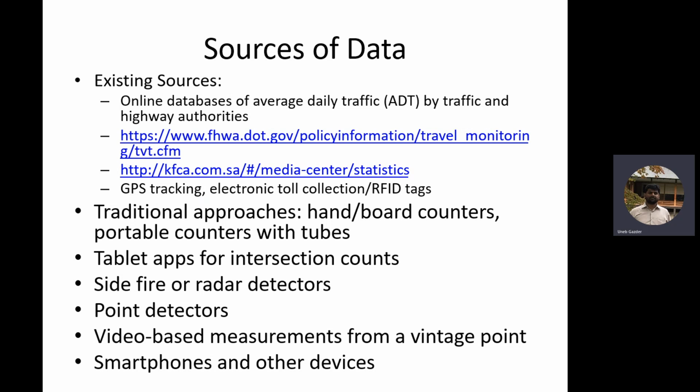And then we have smartphones and other devices. These smartphones can be used for measurement, right? Again, we use them. But these smartphones are themselves data generators. There is data stored in them. In 2018, I think we did a senior design project in which we collected data.